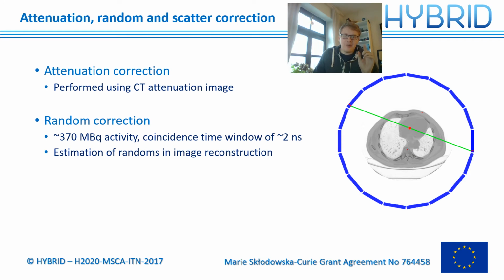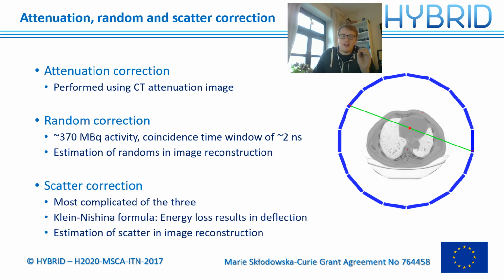And if we measure two in a time window of just 2 nanoseconds, then we say this is a coincidence. It can still happen. I mean, 2 nanoseconds is extremely short, but there's a lot of activity. So it can happen. It is in the data, and we can estimate it. It's pretty straightforward, but we have to do this.